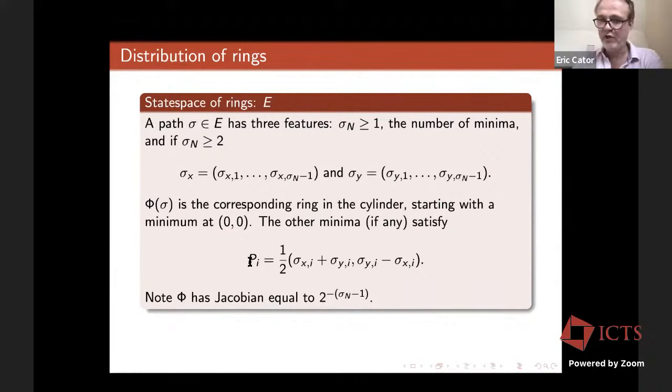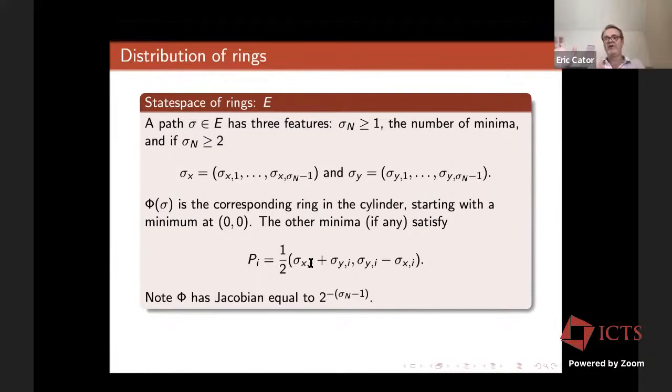So the location of pi is a half, and then this combination of the sigmas. And it's important to realize that this map has a Jacobian, and the Jacobian is equal to 2 to the minus sigma n minus 1. And that's due to this matrix having a determinant equal to a half.